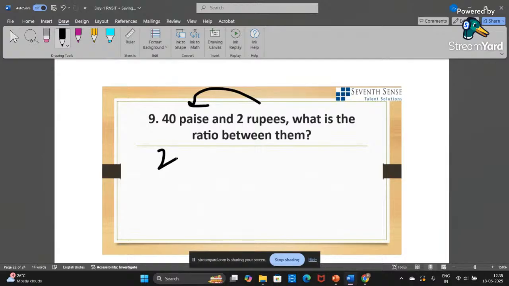So 2 rupees is equal to how much? 200 paise. And already we have 40 paise. Among these two, we have to find the ratio. Right.